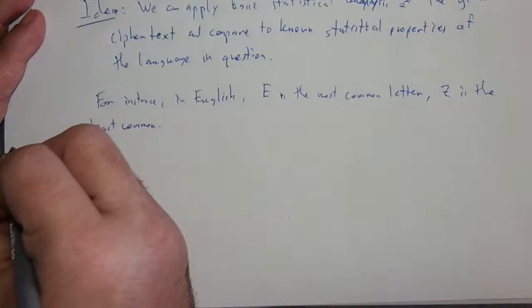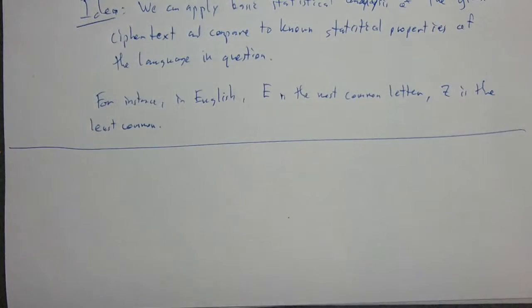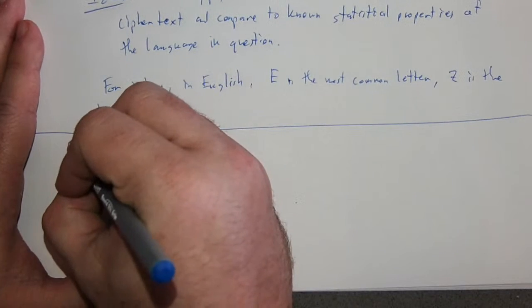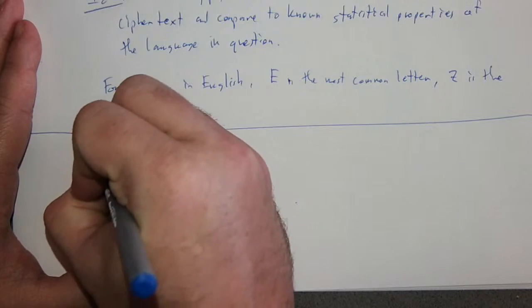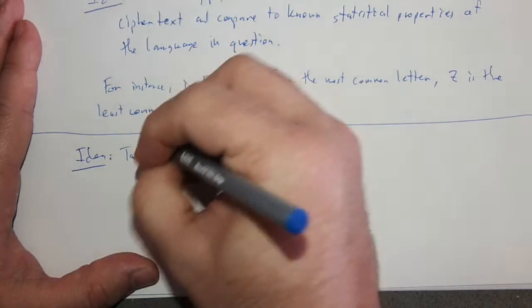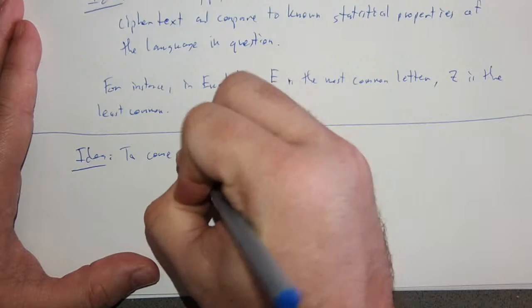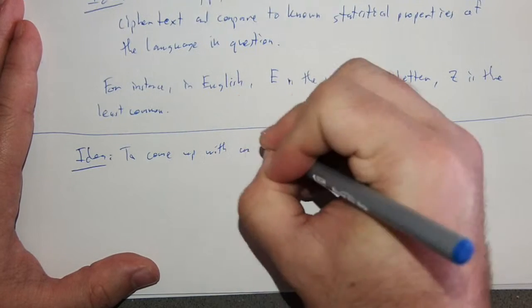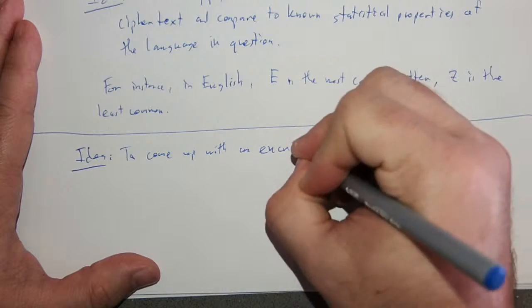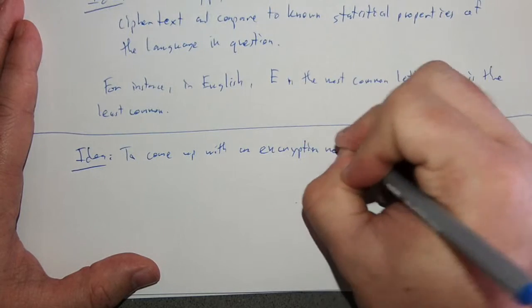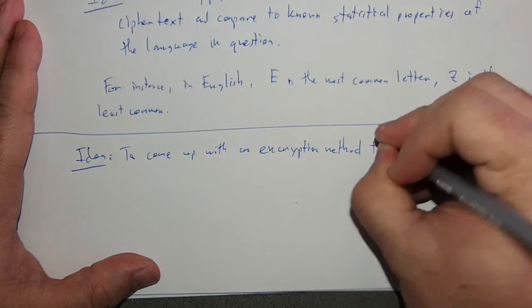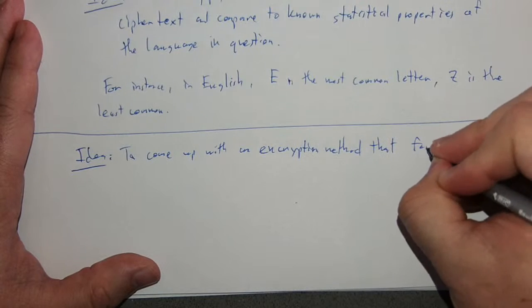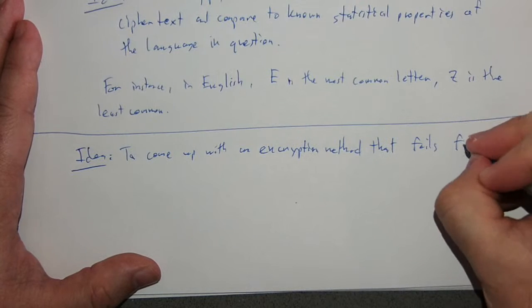The idea here of showing you that is that there's a type of cipher that was developed specifically to try to fool frequency analysis. So the idea here is to come up with an encryption method that foils frequency analysis.